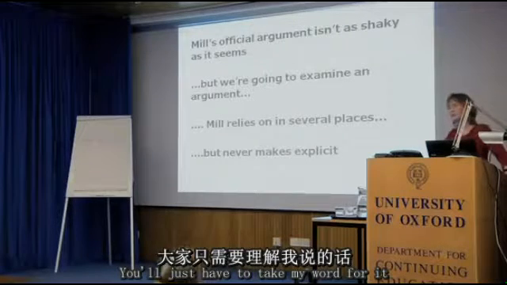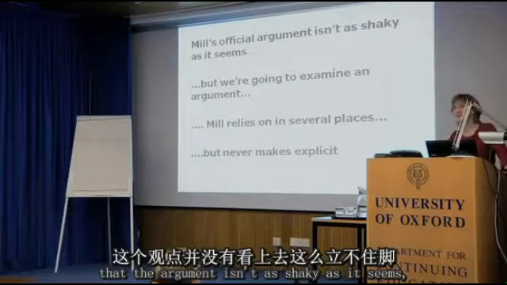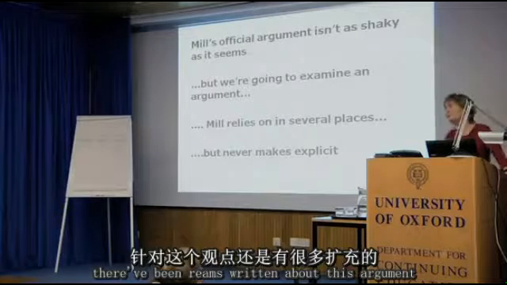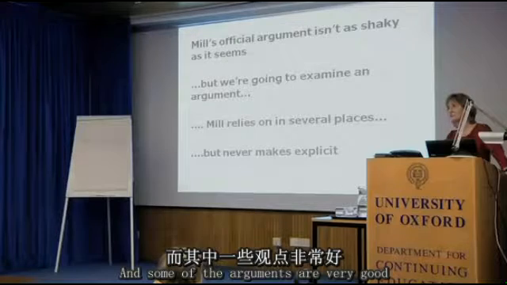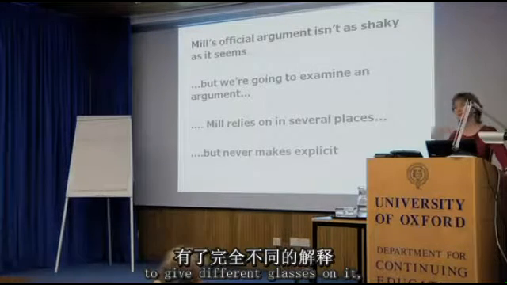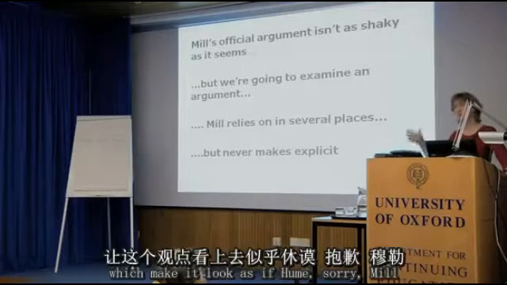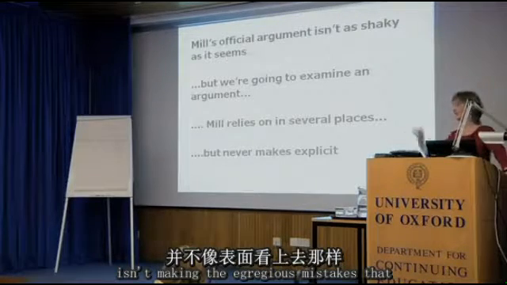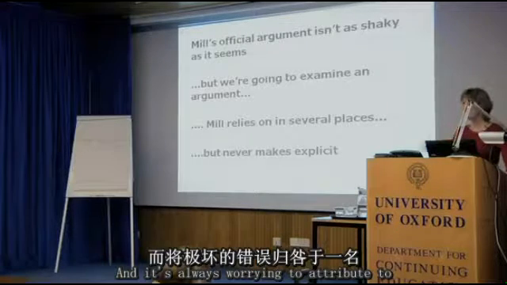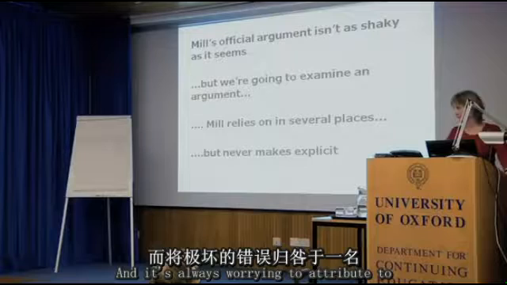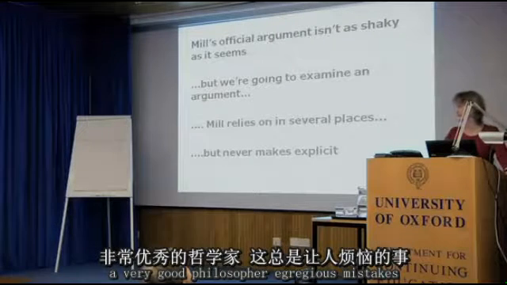You'll just have to take my word for it that the argument isn't as shaky as it seems. There have been reams written about this argument, and some of the arguments are very good, giving different glosses on it, which make it look as if Mill isn't making the egregious mistakes that he looks as if he's making. And it's always worrying to attribute egregious mistakes to a very good philosopher.